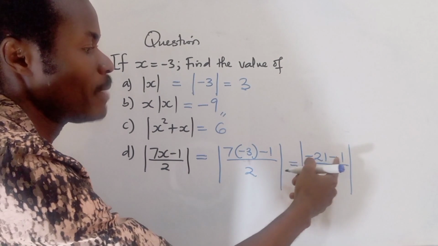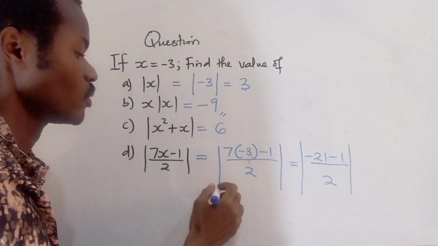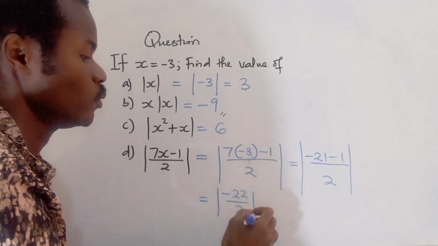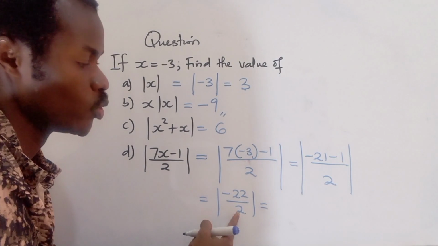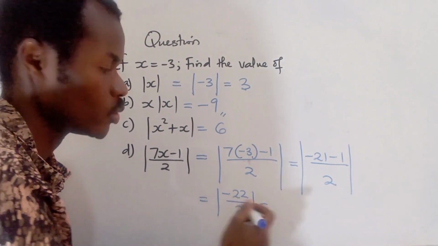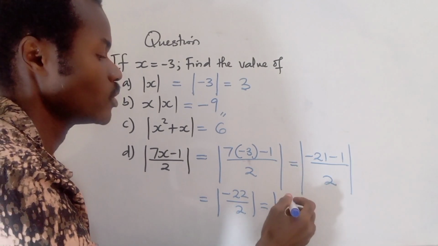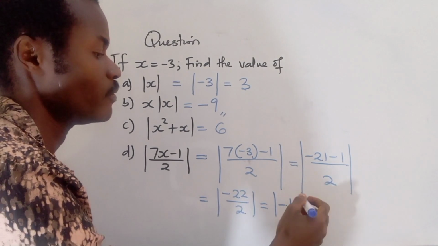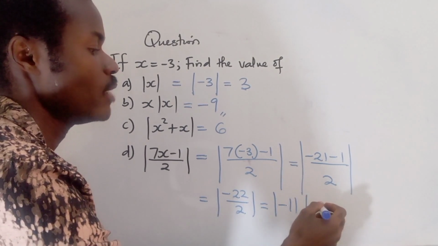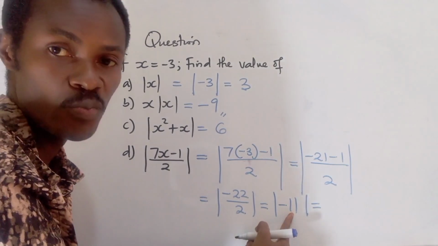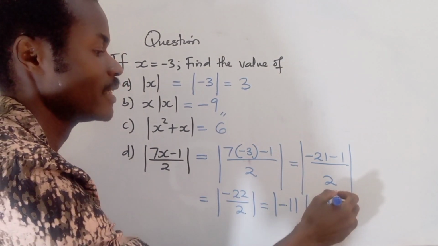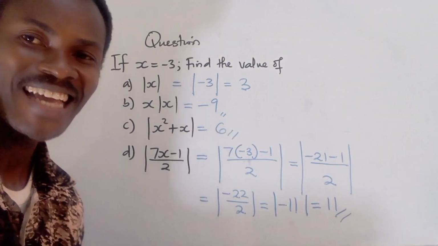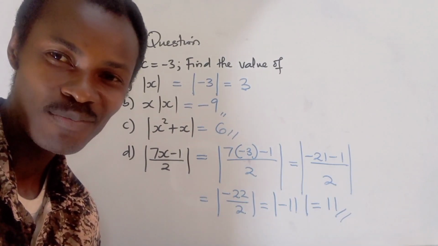Minus 21 minus 1 is minus 22, divided by 2, which gives us 11. So we have the modulus or absolute value of minus 11, and we simply pick this ignoring the sign. So our answer here is 11. That gives us the answer to these simple problems.